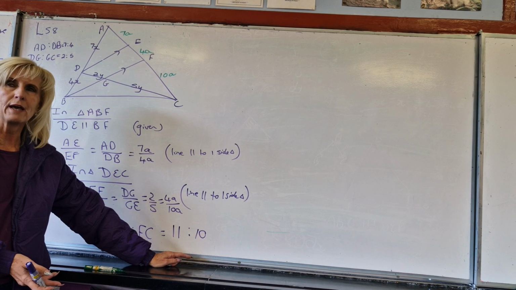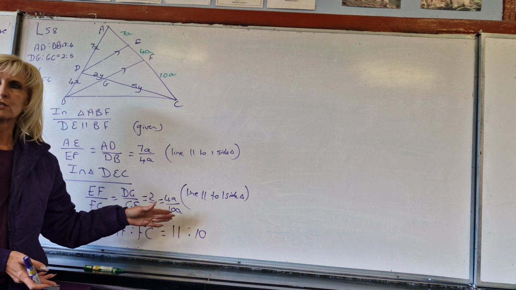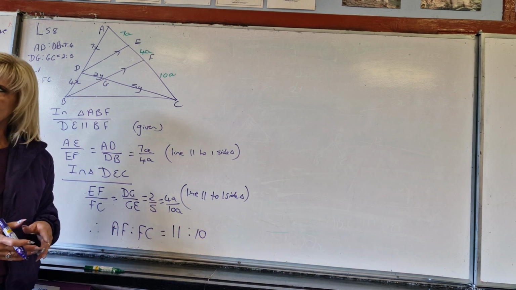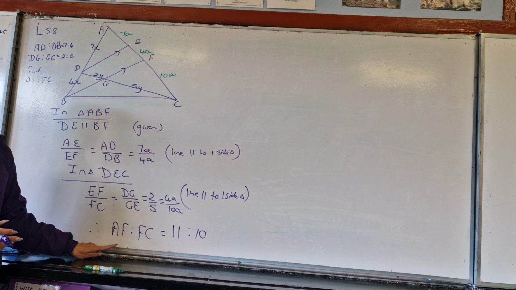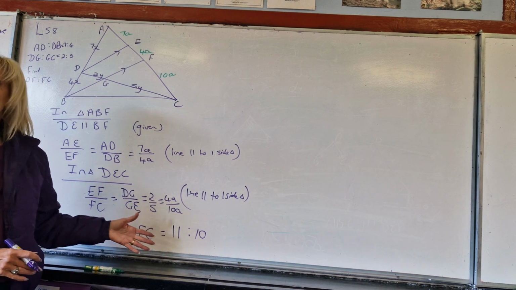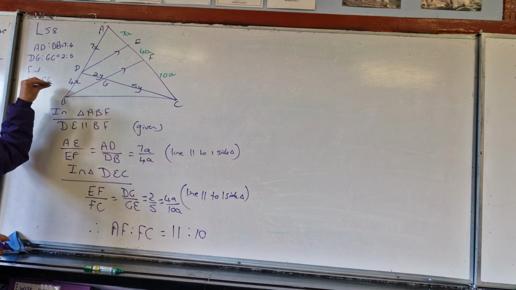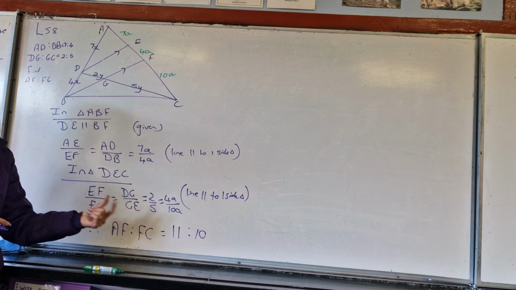Even if you leave the A's there, I think they would give you the mark. But ratio is just in terms of numbers. Please answer them like they asked you. Don't write AF over FC is 11 over 10. It's perfectly right, but please answer them in the manner that they asked you. They asked you in the little dot notation, please answer in that notation.